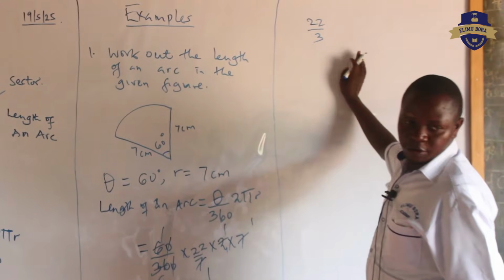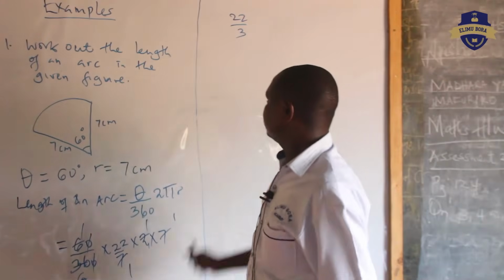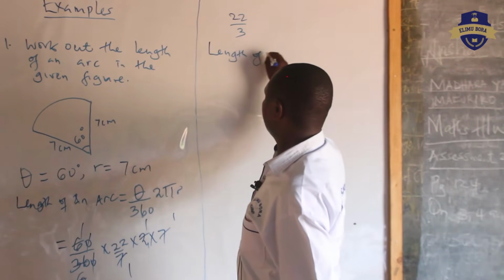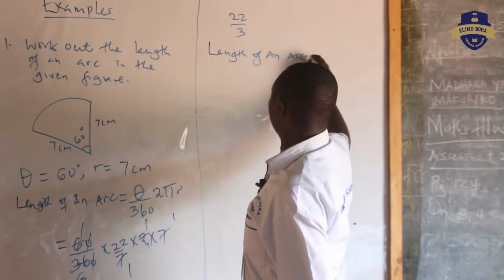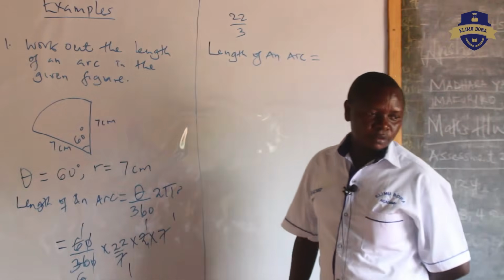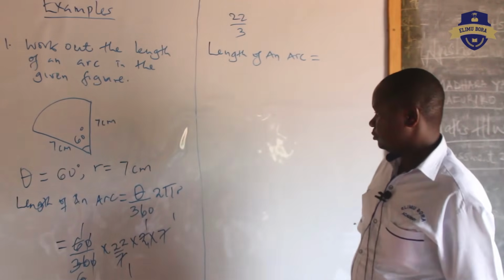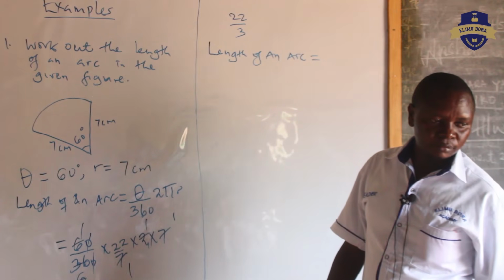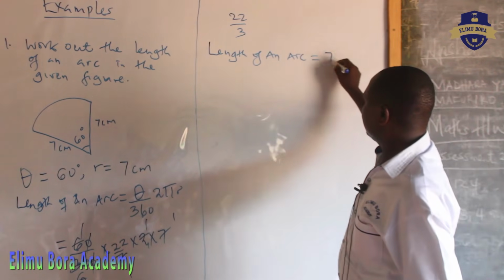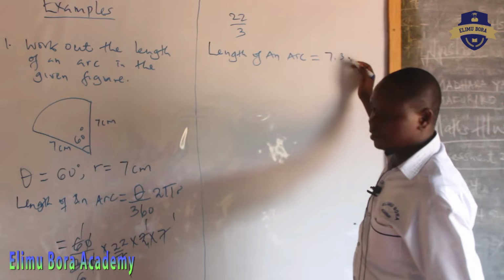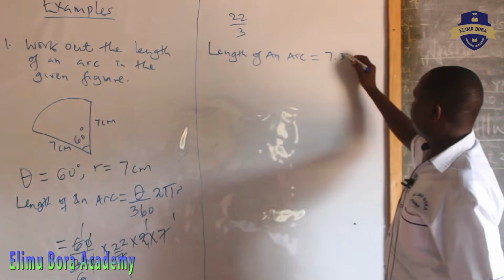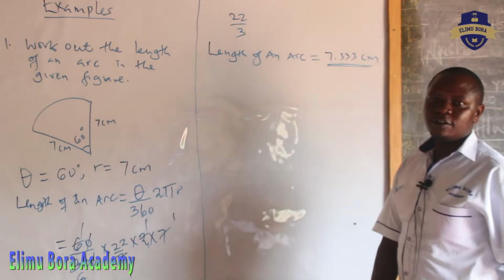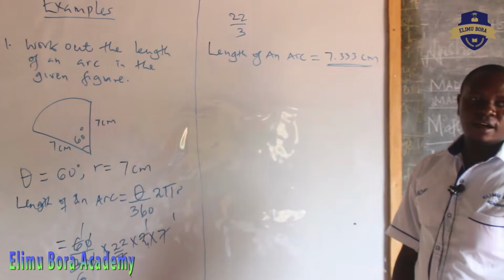What do you get? 7.3 recurring. So that is our length of an arc.